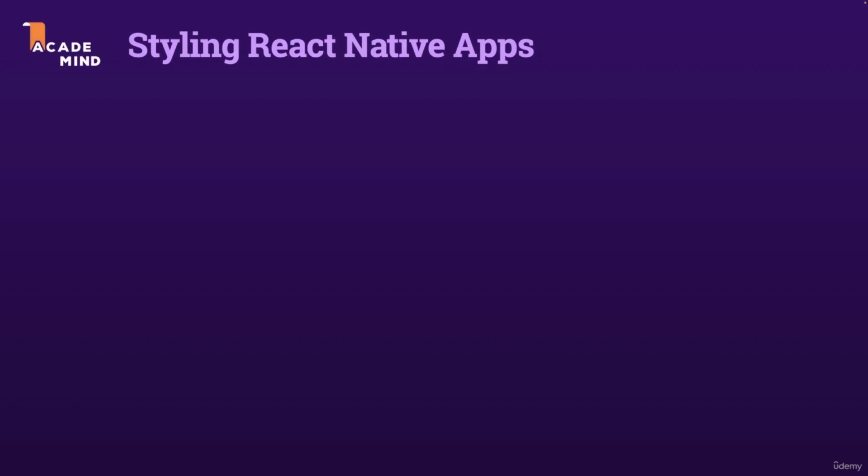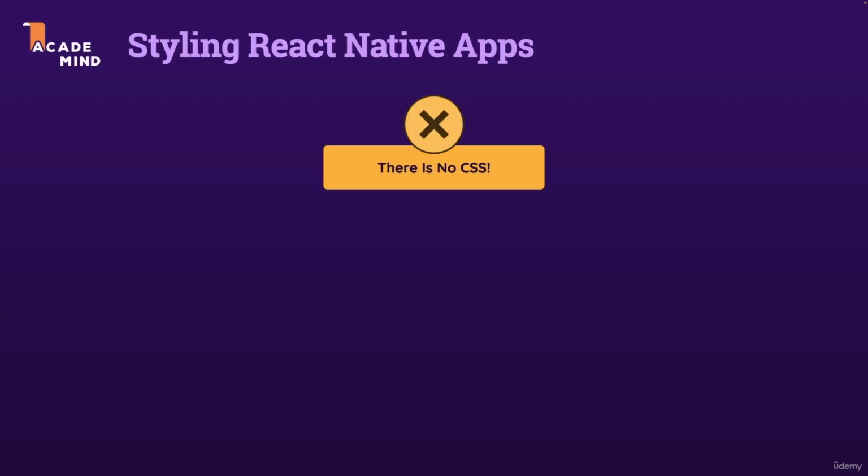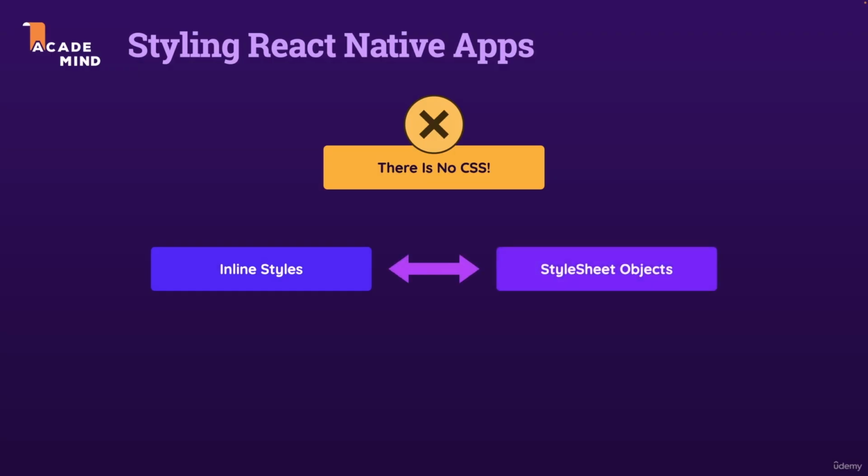So let's dive into styling. And here you learned before that there is no CSS support in React Native, so we don't add CSS files or use the CSS language in general, but you learned that we have two main ways of adding styling, by either adding styles inline by passing a style object to props, or by defining a separate object which is then also passed through props.